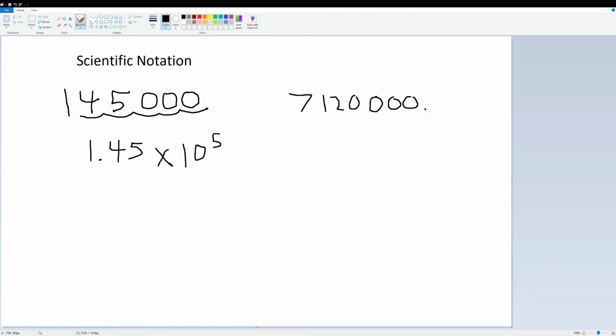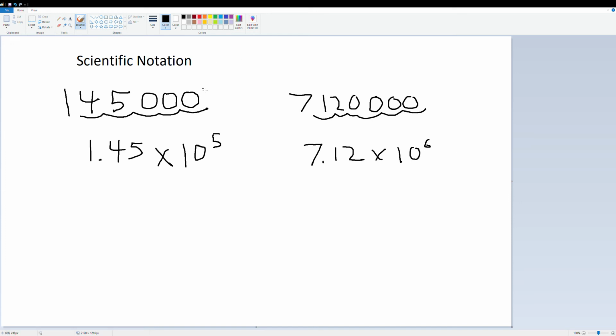So we'll see how many it takes. We'll take once, twice, 3 times, 4 times, 5 times, and 6 times. And so we simply write that out now as 7.12 times 10 to the power of 6. Simple as that for large numbers.